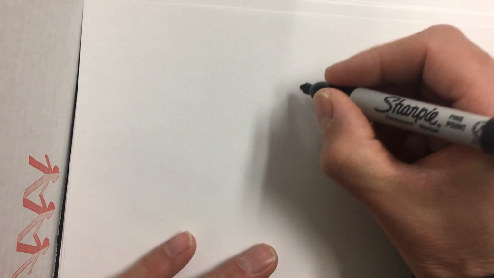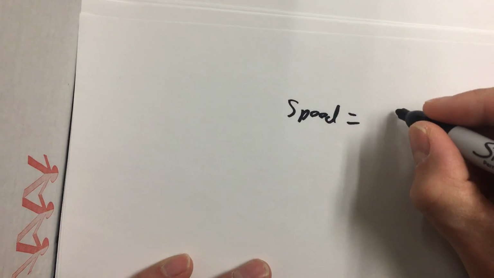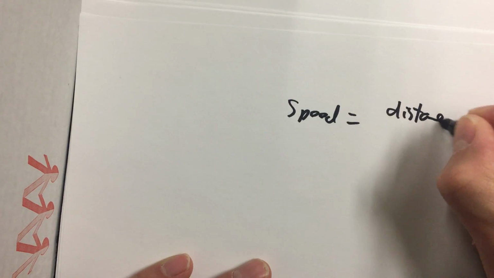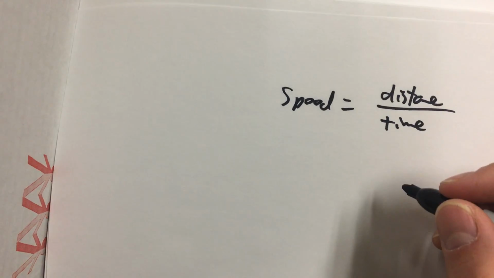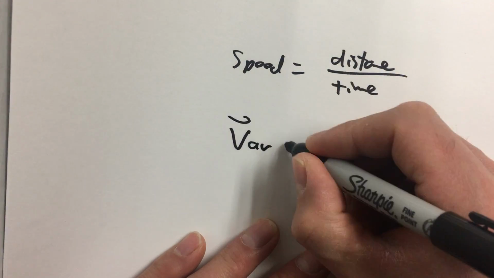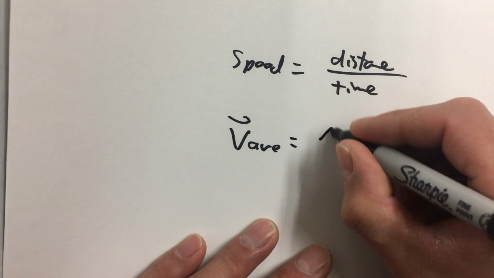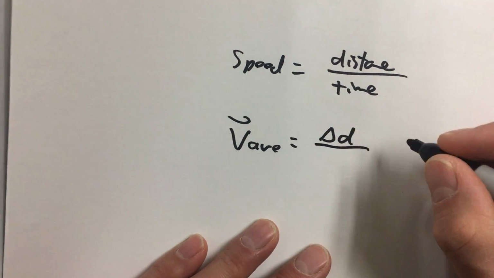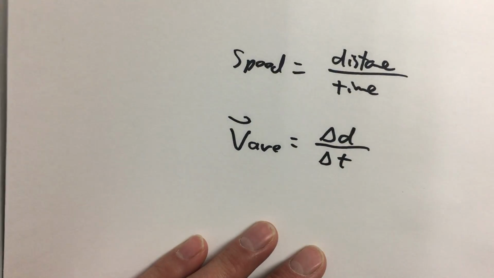Okay, so to summarize, you have speed, and speed is simply distance over time. You have average velocity, and the average velocity is the displacement, which is the change in position, divided by the amount of time that took.